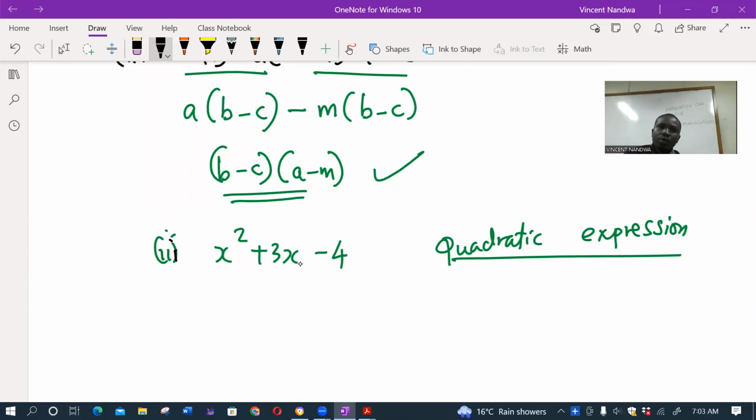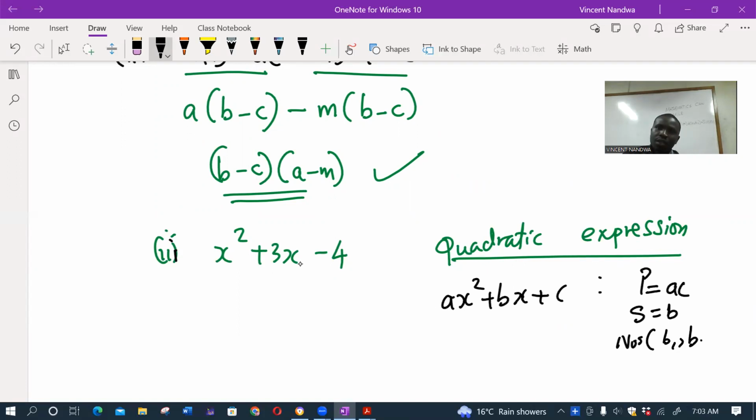So when you have ax squared plus bx plus c as a general quadratic expression, to factorize this, you define product, given by the coefficient of x squared, a, times c. Then you write sum, which is the coefficient of the variable to power 1, in this case x, which is b. So you get 2 numbers, say b1 and b2, such that when you multiply b1 and b2, you get the product, which is the same as ac. And when you take b1 plus b2, you get the sum, which is the same as b.